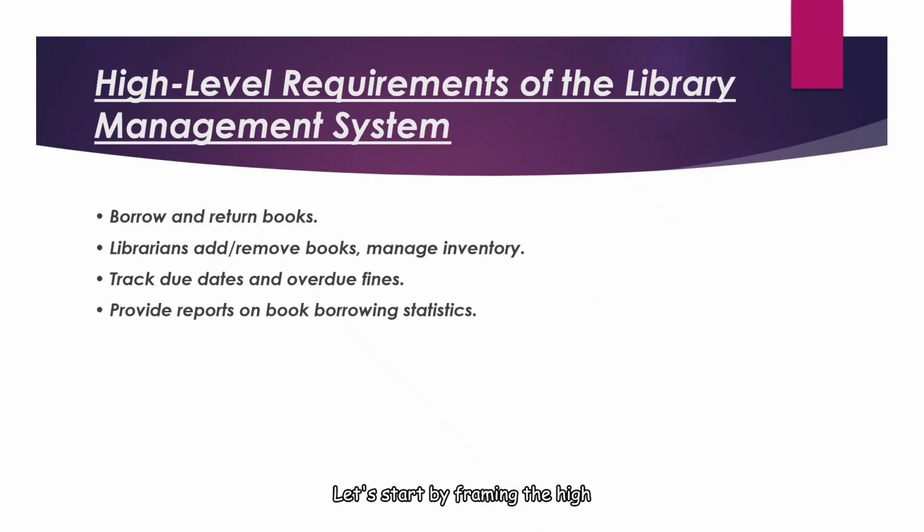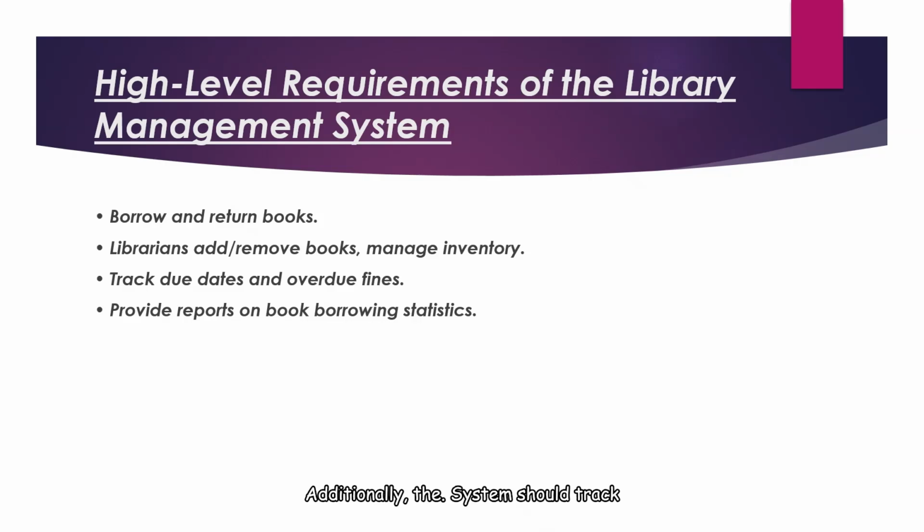Let's start by framing the high-level requirements. The system must allow users such as students, staff, or guests to search for, borrow, and return books. It must help librarians manage book inventory by adding new books and removing outdated ones.